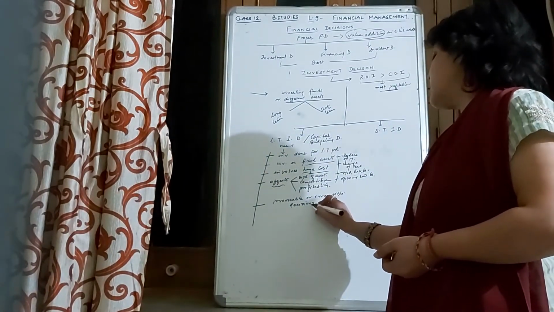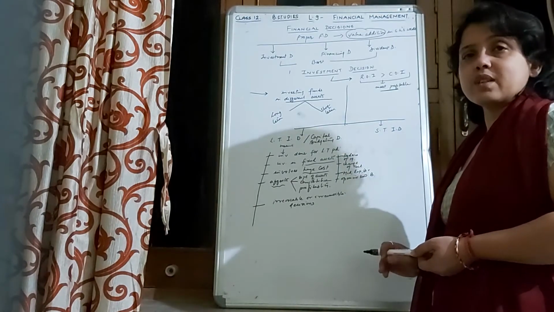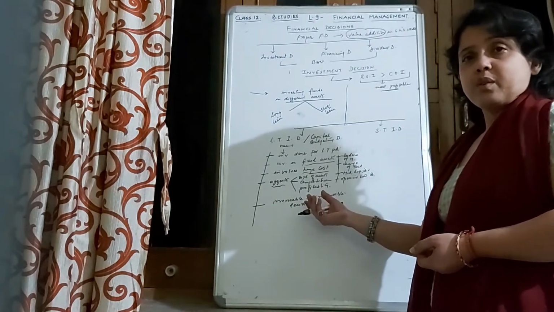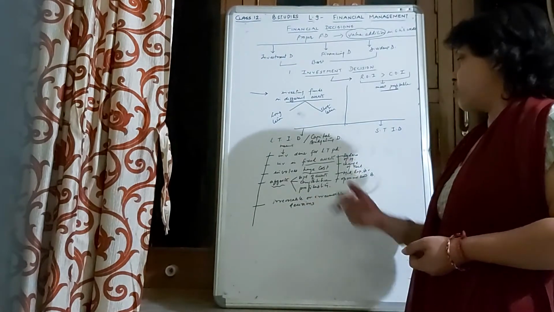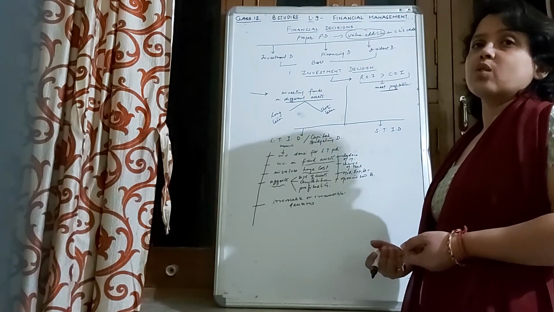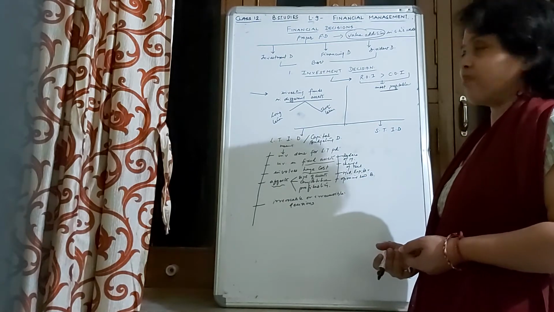So if the decision is reversed, that will be huge loss to the business organization. That is why prudent decision has to be taken whenever long term investment decision is done in any organization after proper analysis.